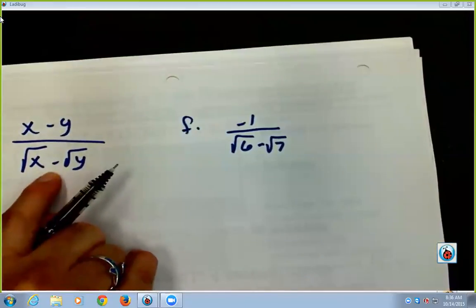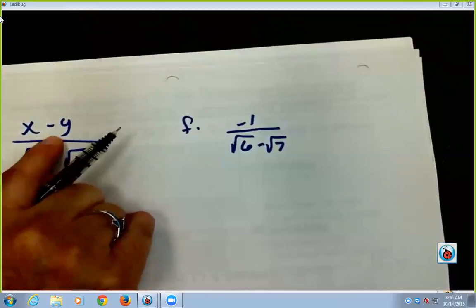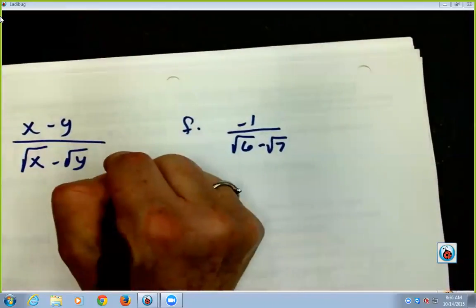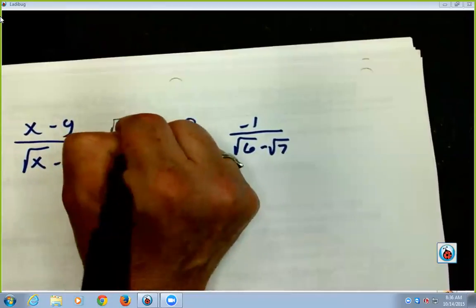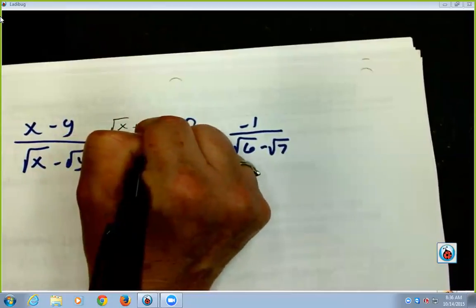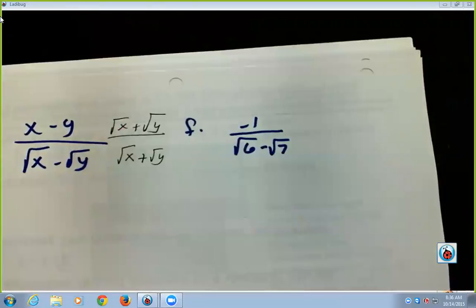This one's a tad different because you've got to really foil the top, because you've got a binomial times a binomial. So the square root of x plus the square root of y. So the top gets foiled too.